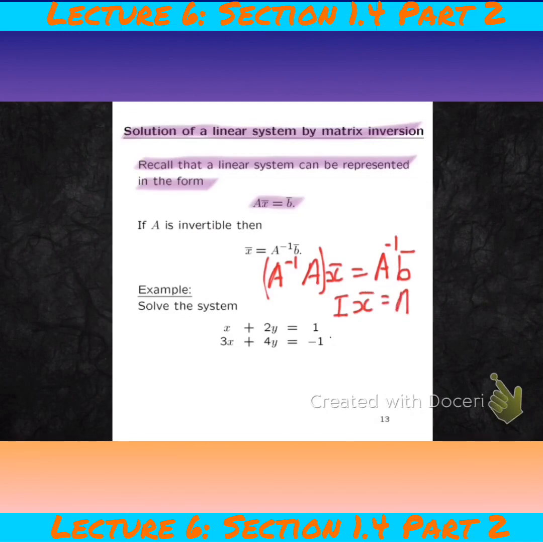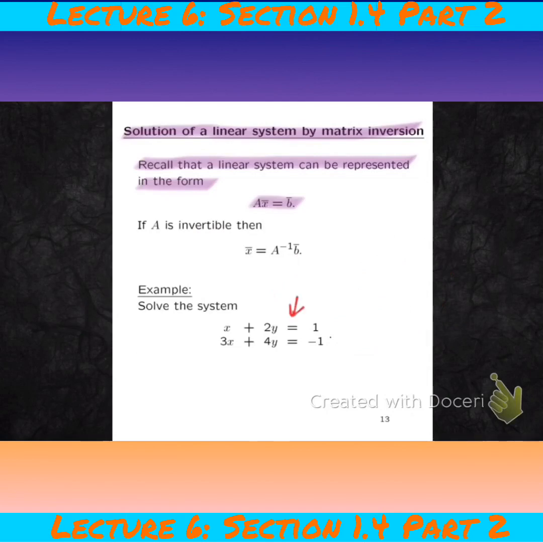So we get this solution here. And the identity matrix times a column matrix is that column matrix. Okay, so that is the solution. So if A is an invertible matrix, you can quickly find the solution to your linear system.